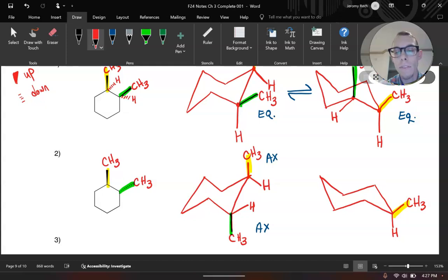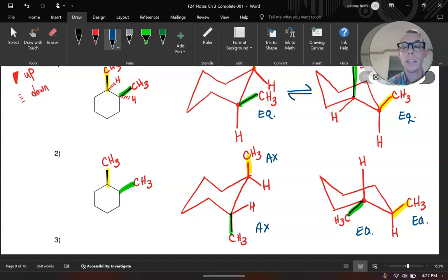If I look on my ring flip, which is one clockwise away, which corresponds to this position, I'm going to have an axial up and an equatorial down. My hydrogen was up in the first, so it must remain up in the second one. And my CH3 was down, so it's going to remain down and be an equatorial down here. So in this case, I'm going to have an equatorial and an equatorial.